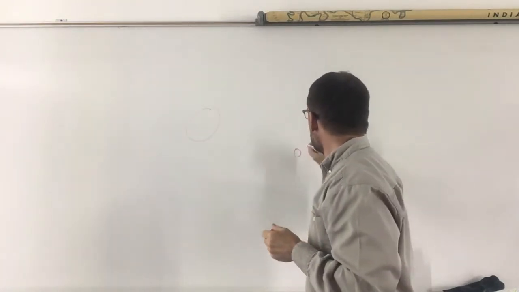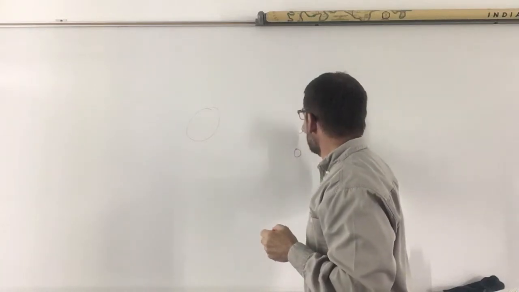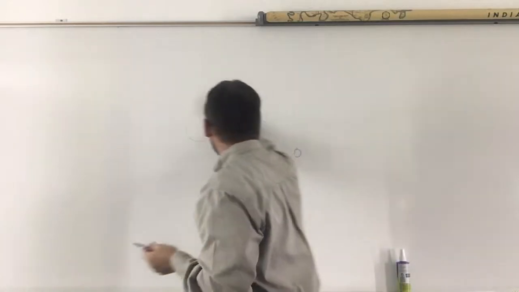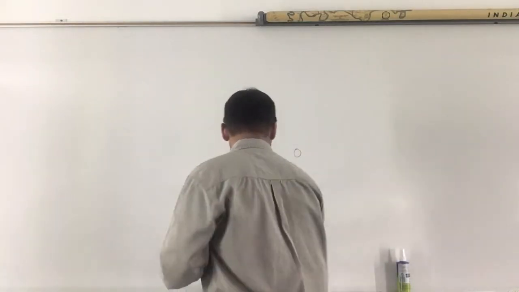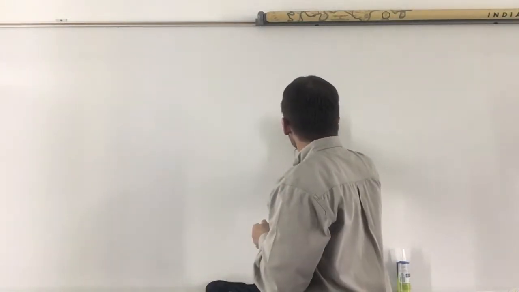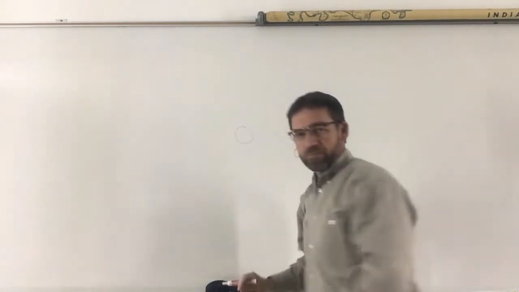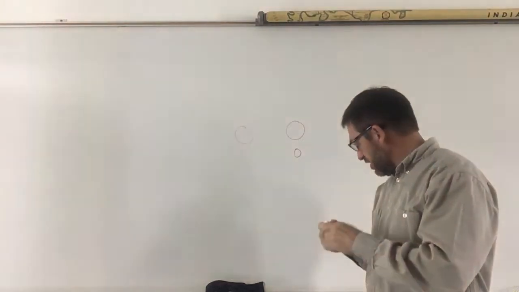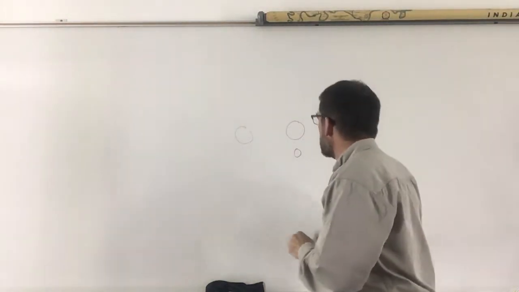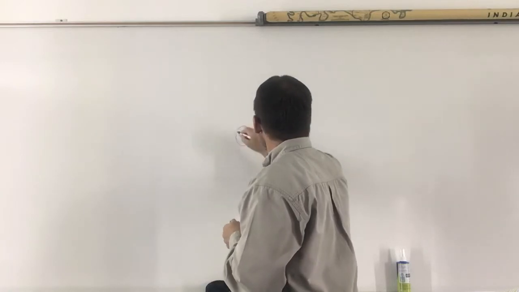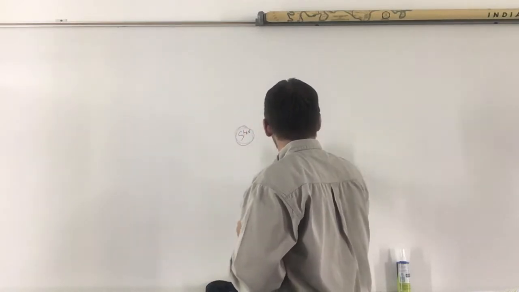Let's narrow this down. We have Earth, then we have the sun, and we're going to put the star right over here. Well, you can barely see that now. Let's try this one here. Here's the star. Here's the sun. Here's our Earth.